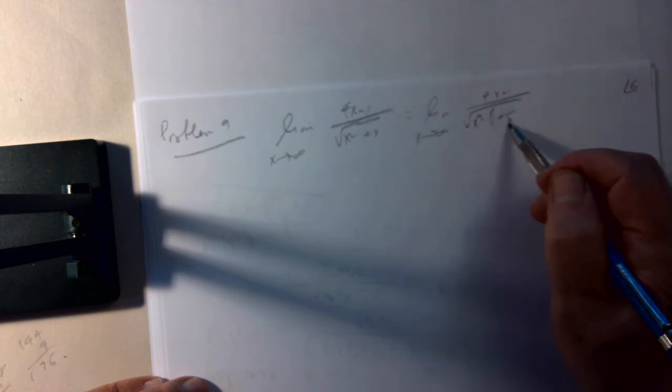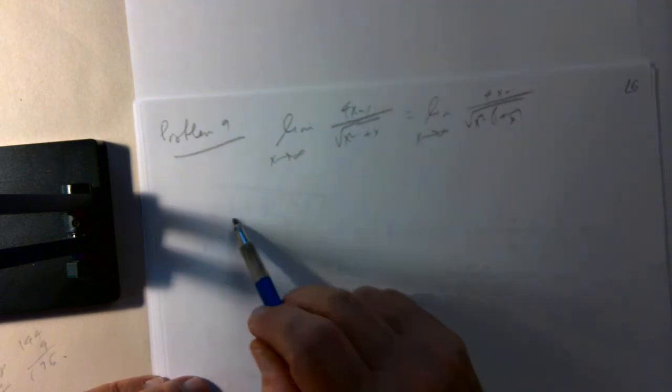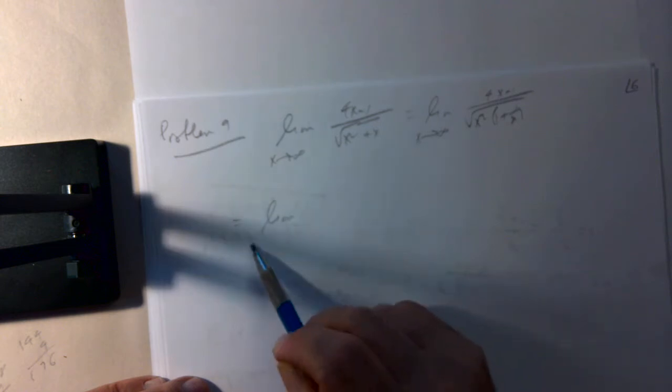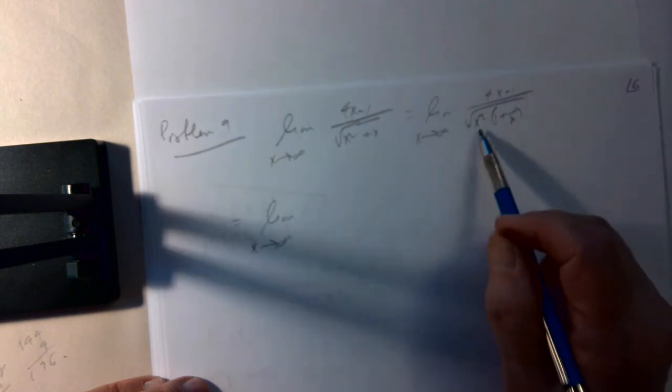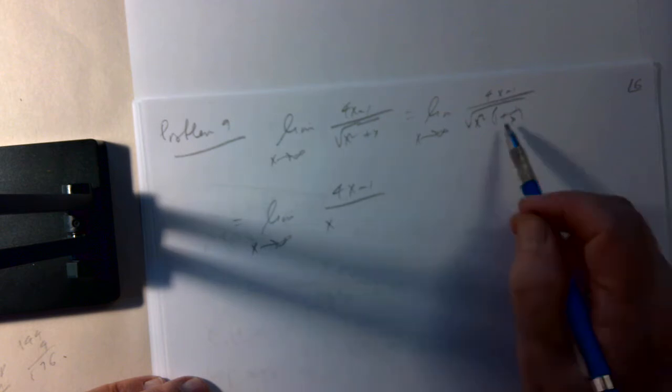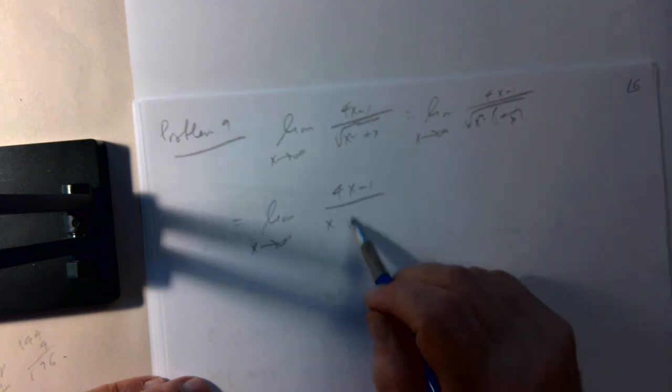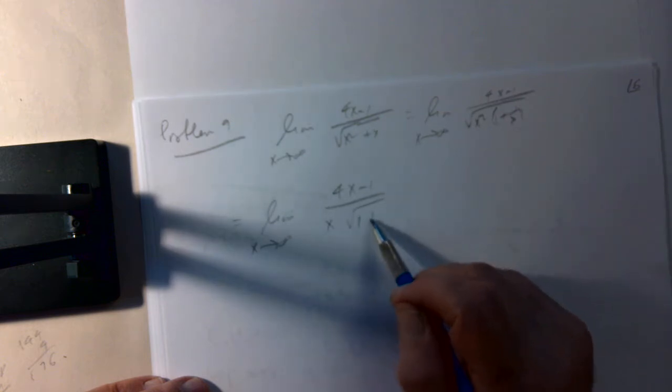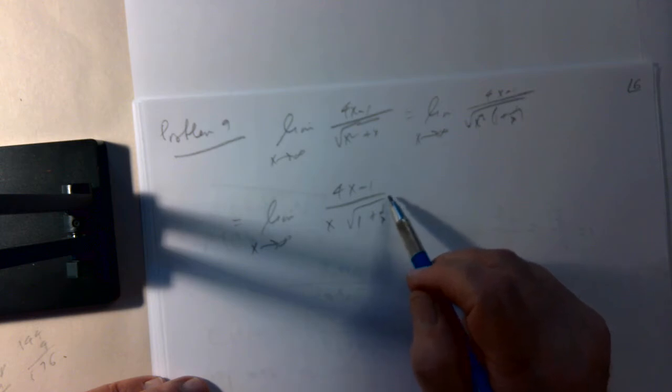Let's see, we could say this is the limit as x goes to infinity of 4x minus 1 over the square root of x squared times 1 plus 1 over x. So this is the limit of 4x minus 1 over x, I can take the square root of x squared, over the square root of 1 plus 1 over x.